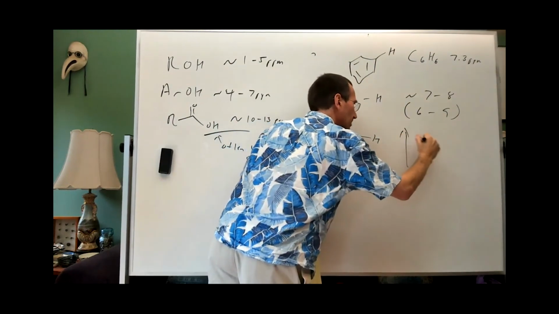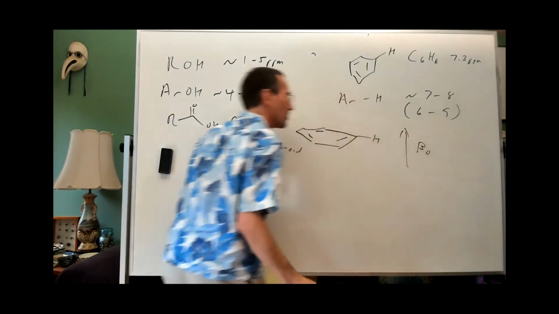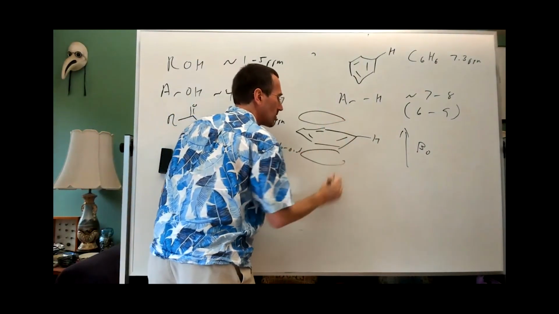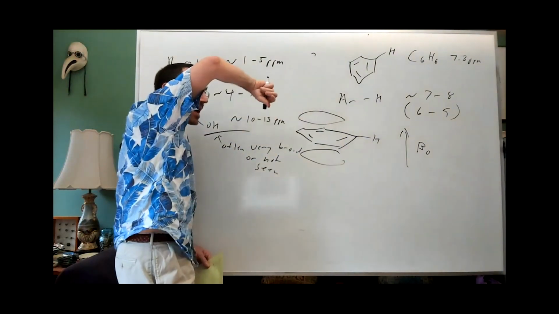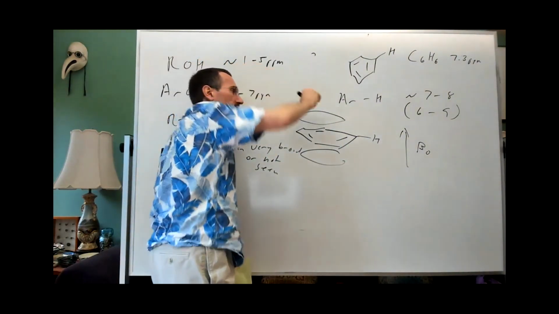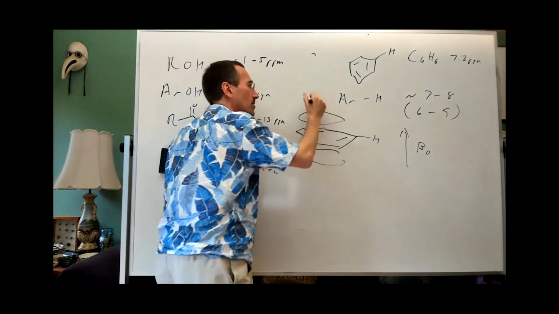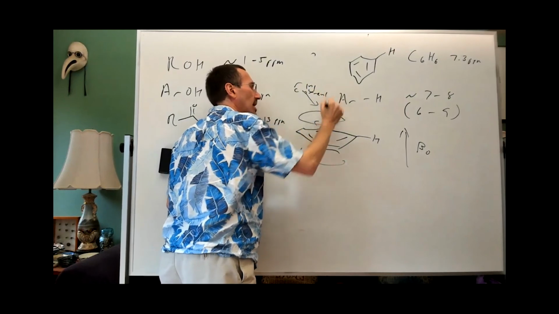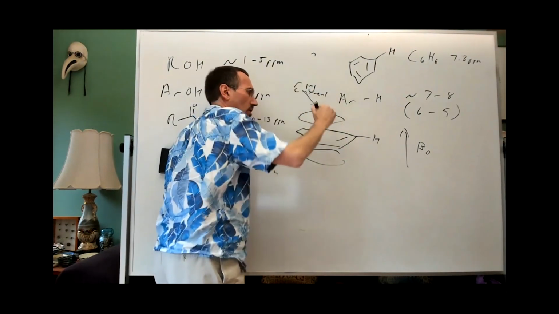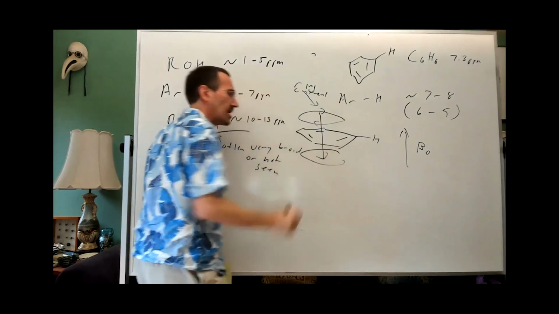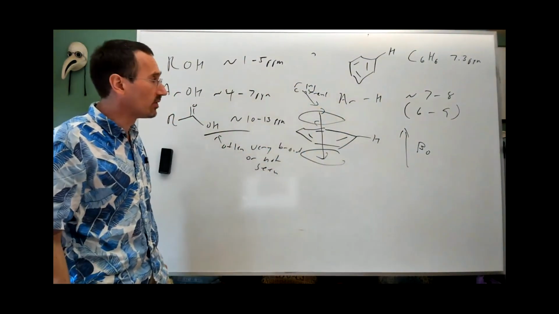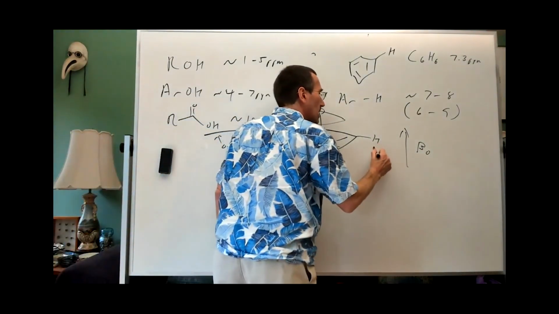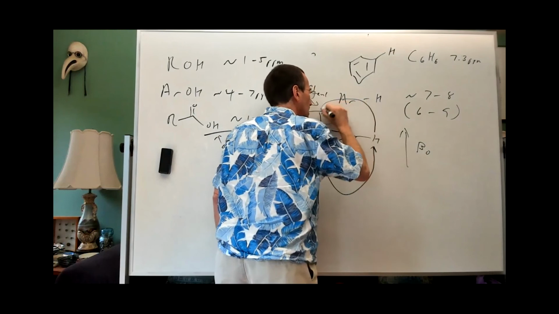You can think of this in a classical model where you apply a B naught. You've got your cloud of electrons, and the cloud of electrons basically sets up a ring current, a flow of electrons, and that ring current opposes the applied magnetic field through the ring, much like you've learned for the physics of a solenoid, and the flux lines come around outside of the solenoid.